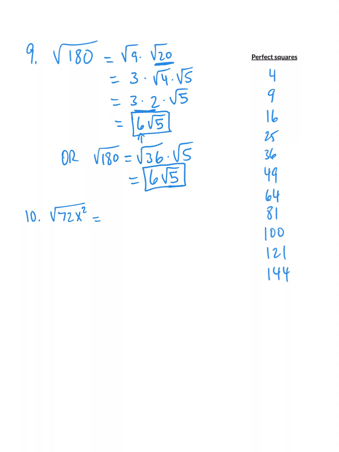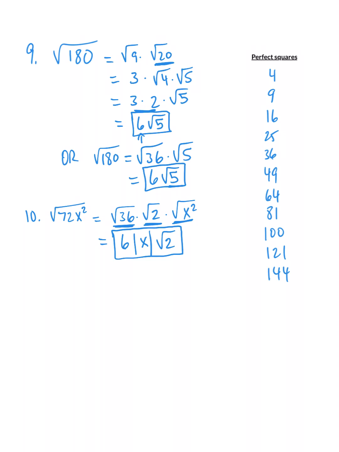So this is equal to the square root of 36 times the square root of 2. And then we know that the square root of x squared is the absolute value of x. So we're going to take the square root of 36, that's 6. We're going to take the square root of x squared, that's the absolute value of x, and then we're going to leave our square root of 2. These are all multiplied together, and this is our final answer.